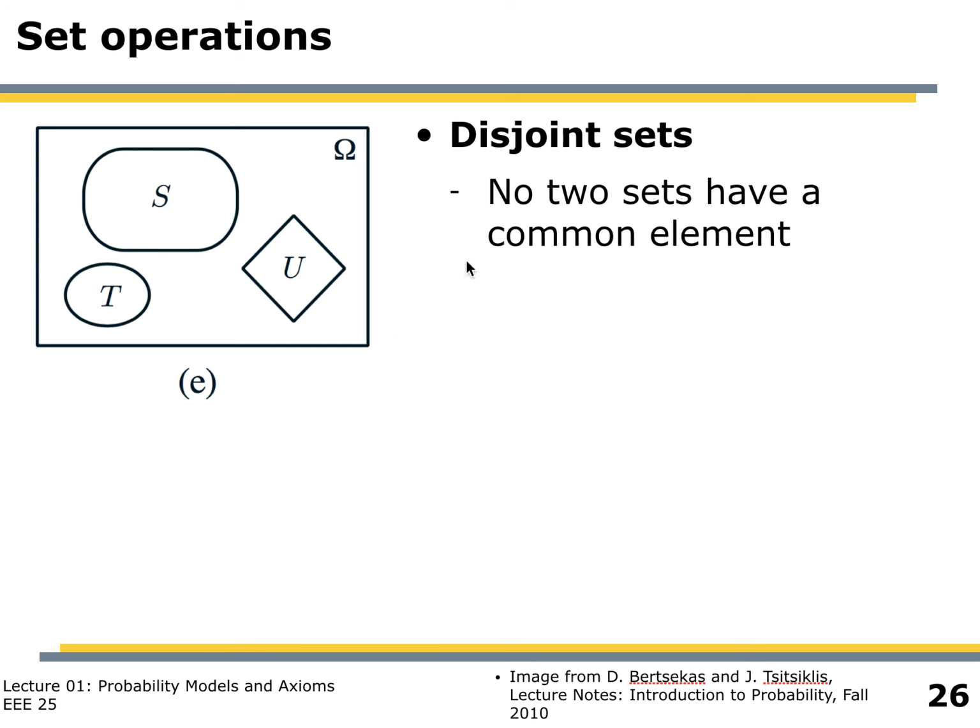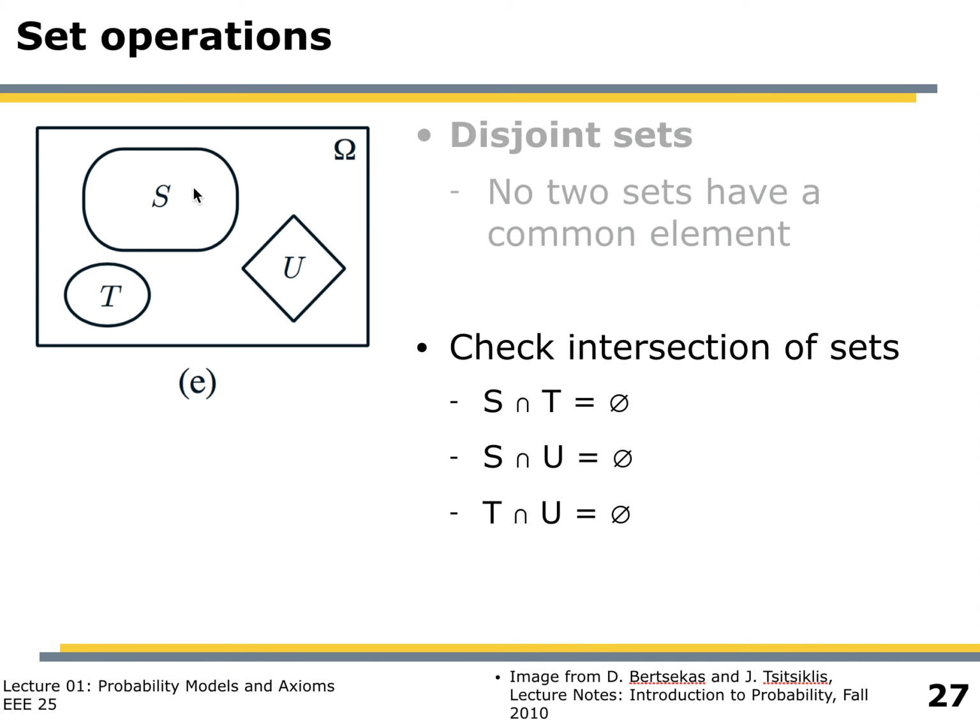So for example, in this Venn diagram right here, you have three sets. S, U, and T are disjoint sets, and we can check. S and T don't have an intersection. It's an empty set right here. The sets S and U don't have an intersection as well, so it's an empty set too. And the intersection of T and U is also an empty set. So since we have proven that these pairs result in an empty set, then the sets S, T, and U are disjoint sets.